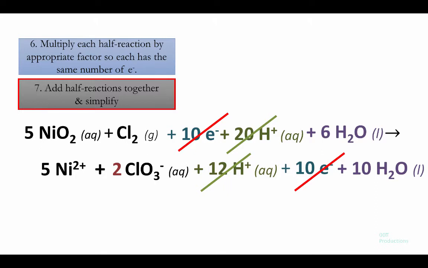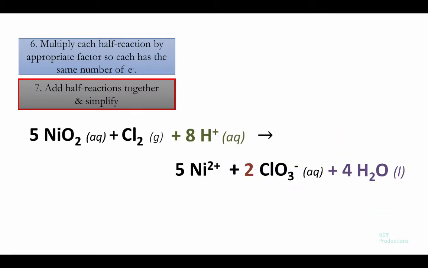The ones in the product side of the reaction all disappear, but we're still left with 8 hydrogens on the reactant side, because only 12 of those hydrogens cancel out. If you look at the waters, all of the water in the reactant side cancels out. 6 of the 10 waters in the product side cancel out. That leaves us with 4 waters. And so now, here is our simplified equation.